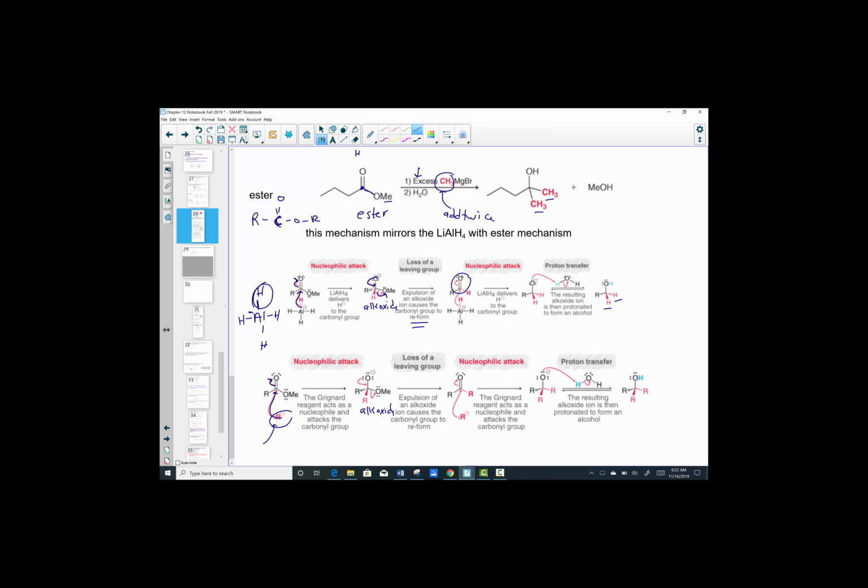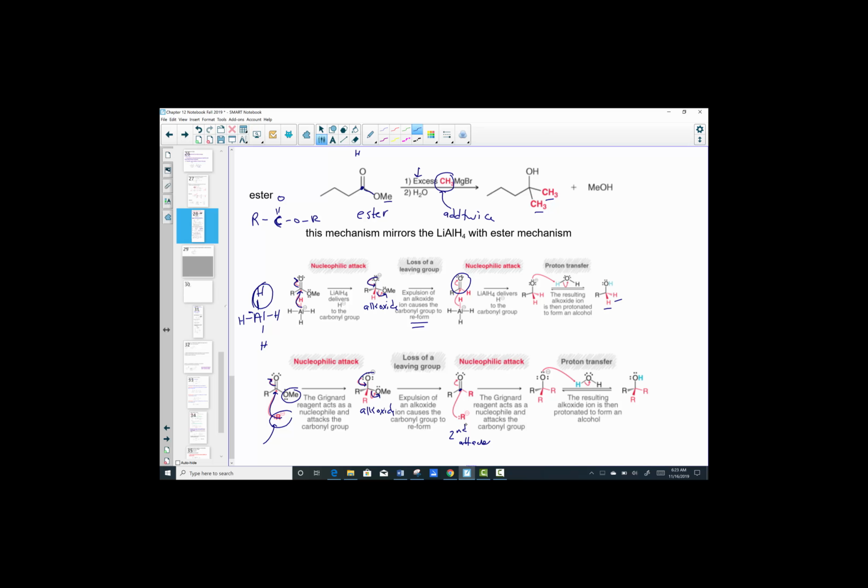So the job of the Grignard reagent is to initiate the collapse of the original pi bond in the ketone or the ester, forcing the alkoxide ion to form, which then recollapses the pi bond and expels the OMe, this portion of the ester. When it does so, forcing that leaving group to leave, you now have reformed a carbonyl carbon for a second attack.